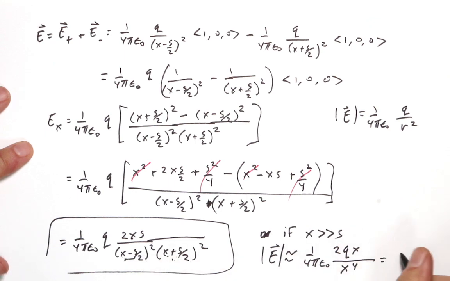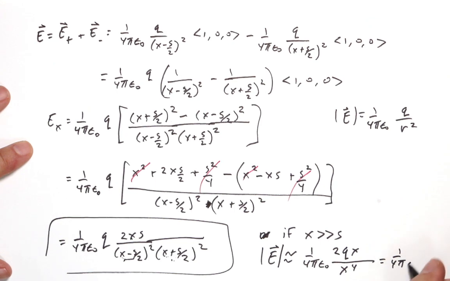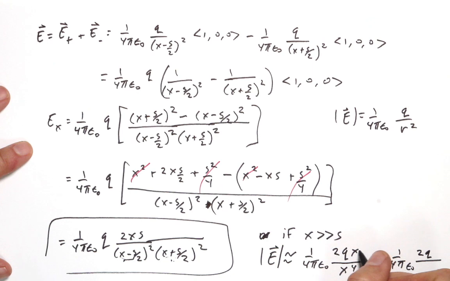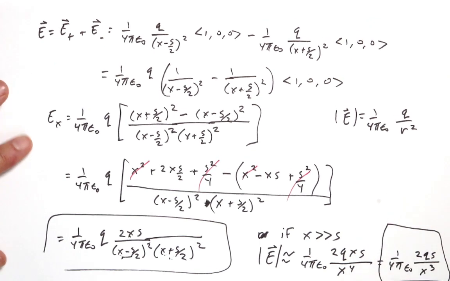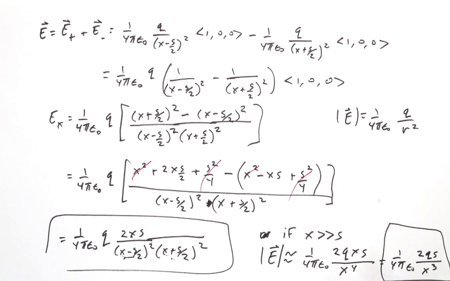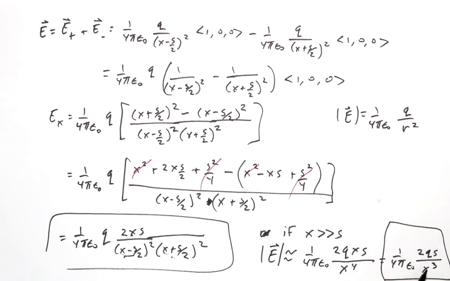So this is going to be 1 over 4 pi epsilon naught 2qs over x cubed. And that's it. That's the far field approximation for the electric field due to a dipole, where x is the direction of the field.